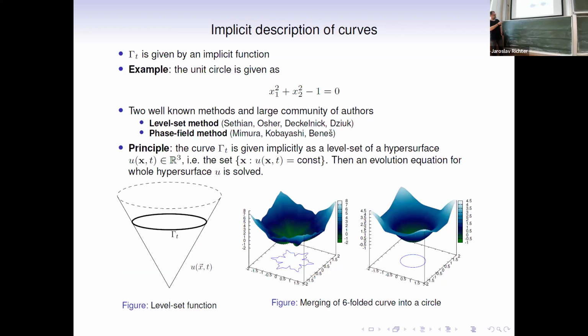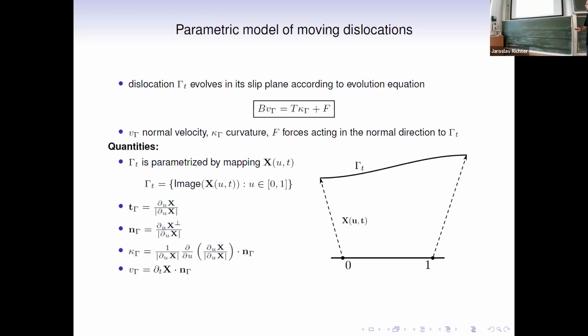However, one advantage is that the implicit description includes topological changes out of the box, which is a big plus. In the direct one, we've got to do it algorithmically. As you will see, it can be a little bit more problematic.